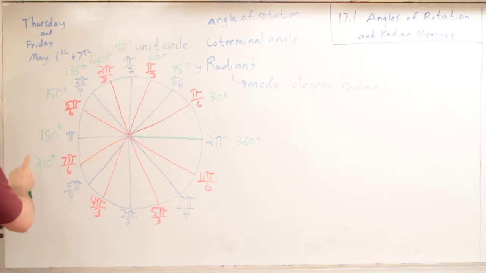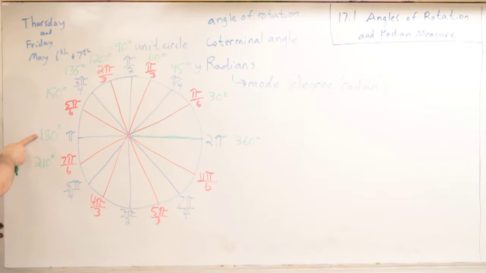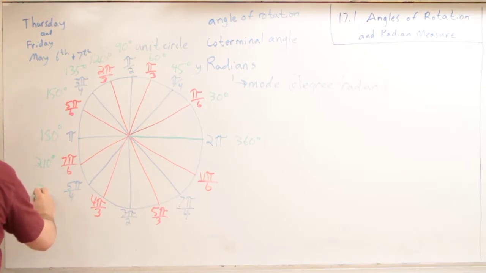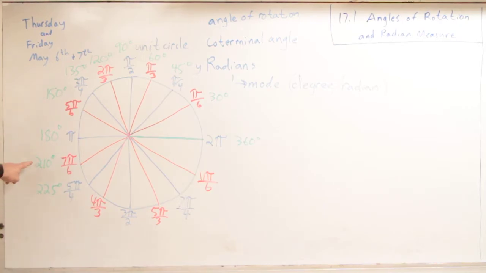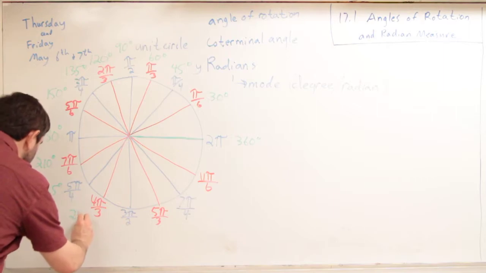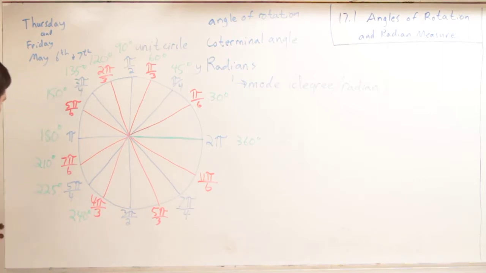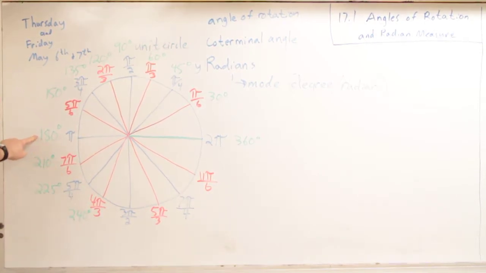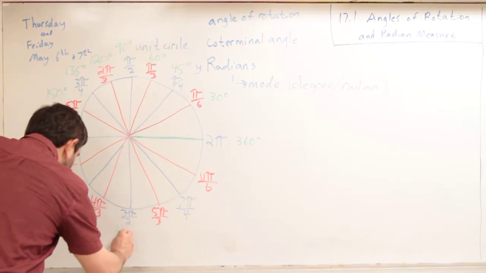210 degrees, 180 plus 45 will be 225, 210 plus 30 is 240 degrees. This will be 180 plus 90 degrees, and that's going to be 270 degrees.